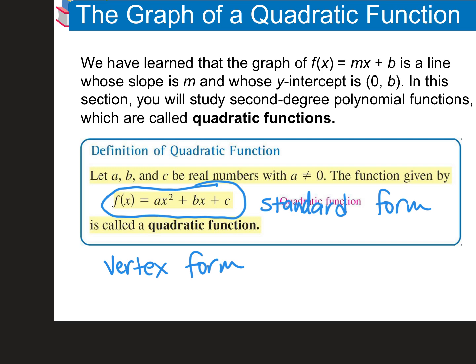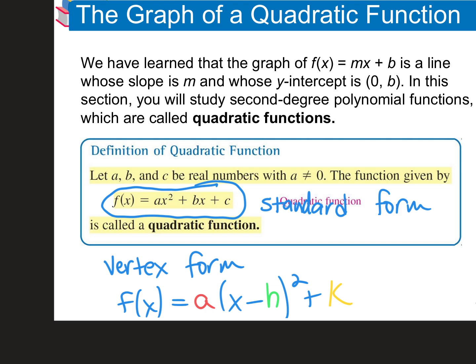Vertex form looks like this: f of x equals a times x minus h squared plus k. You guys are like, where are all those weird letters coming from? Well, a is the same as a in standard form. It's the number in front of x squared. Your h and your k are what's called the vertex.